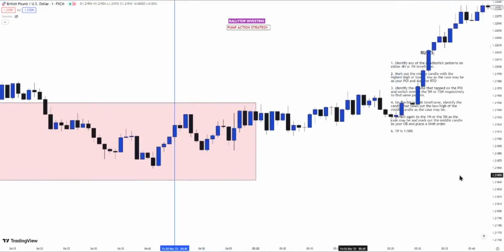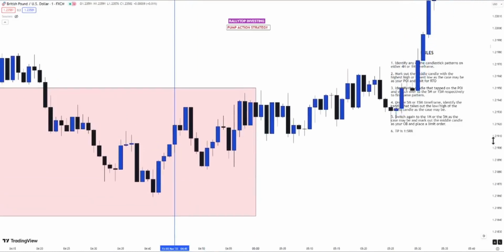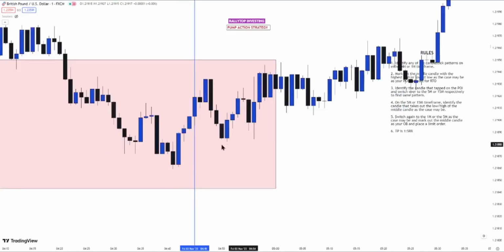Take a look at this first one here, after that vertical line. I hope you understand what we're trying to say. So this is the first opportunity. First trade opportunity after this vertical line.